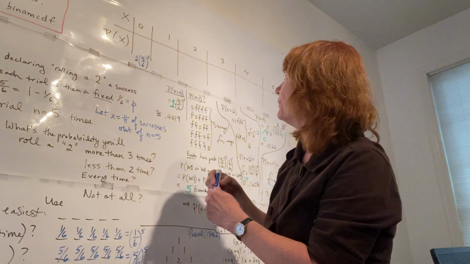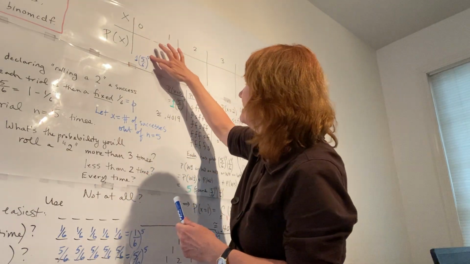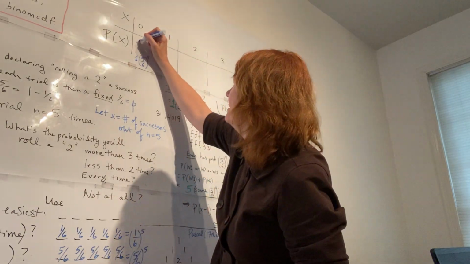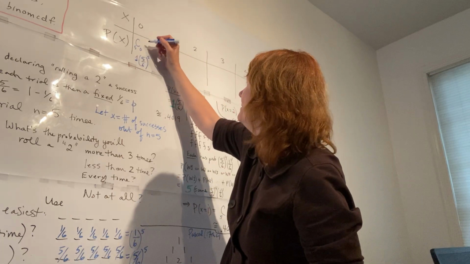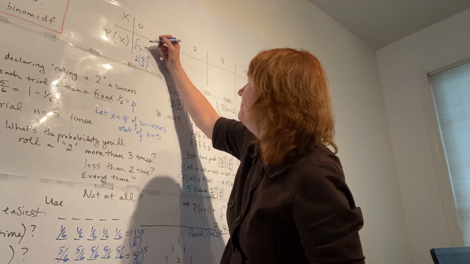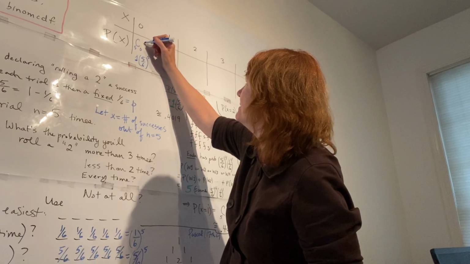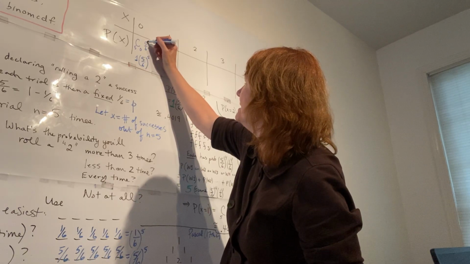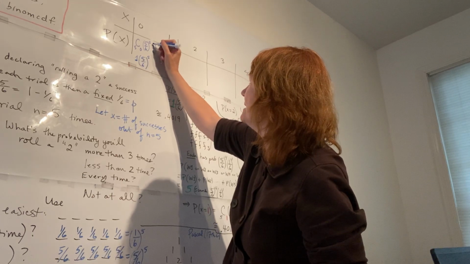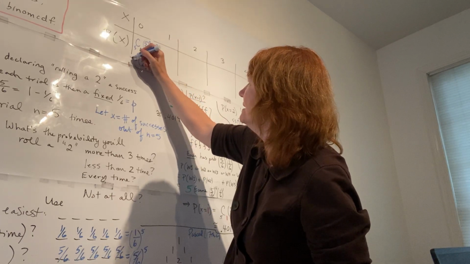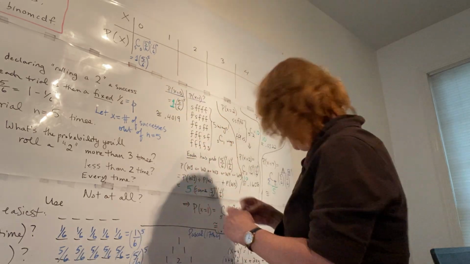That could have been written differently as 5 choose 0, that would give me a 1 times 5/6 raised to the 5th power and a 1/6 raised to the 0th power. That is the same thing as that.